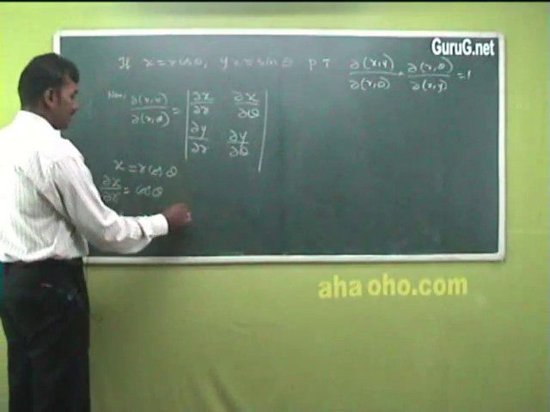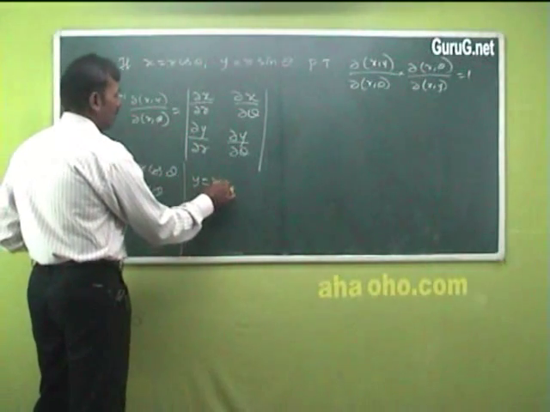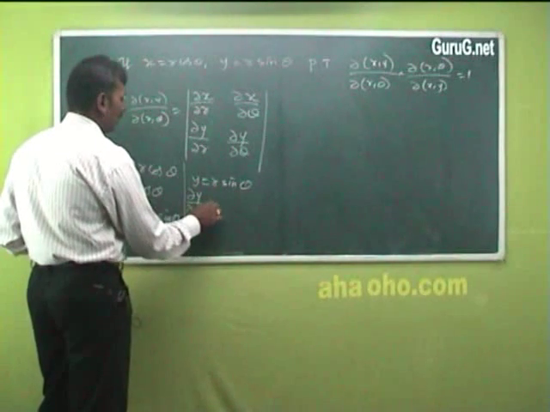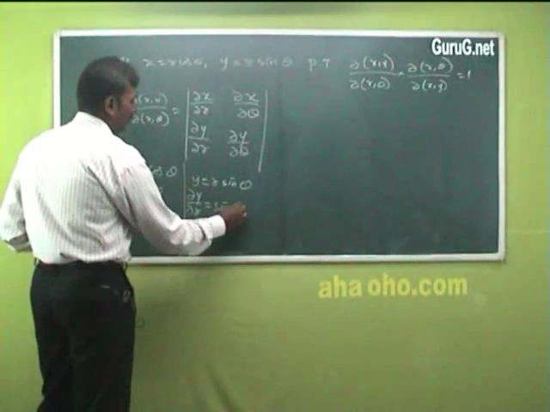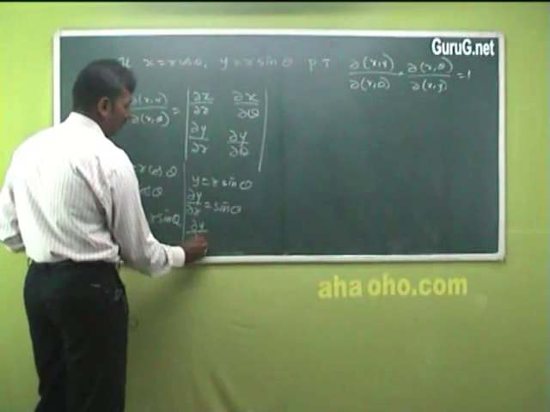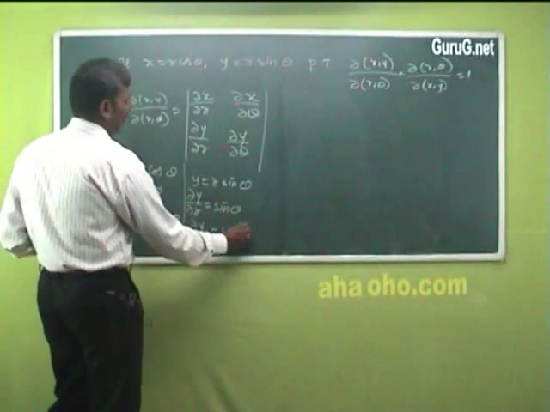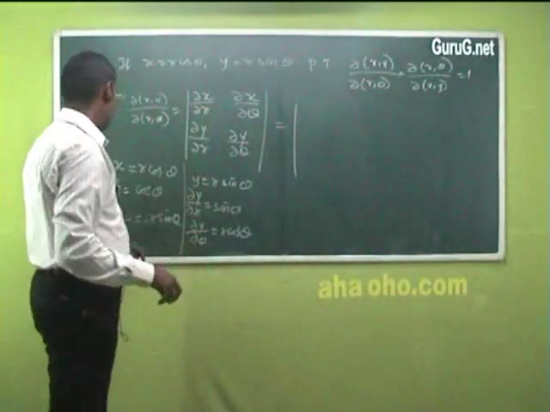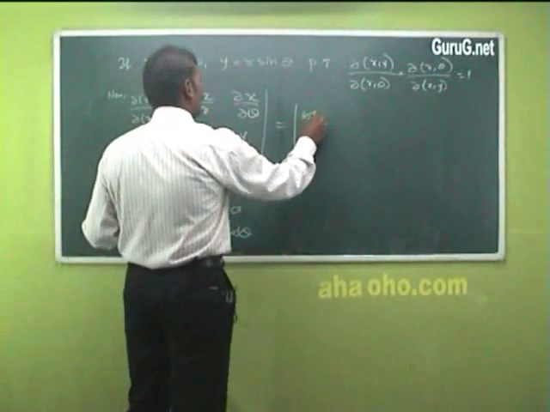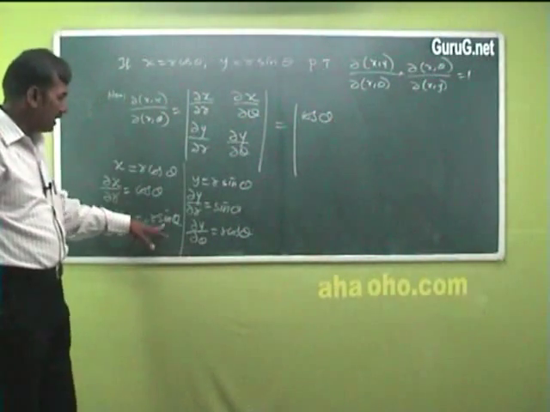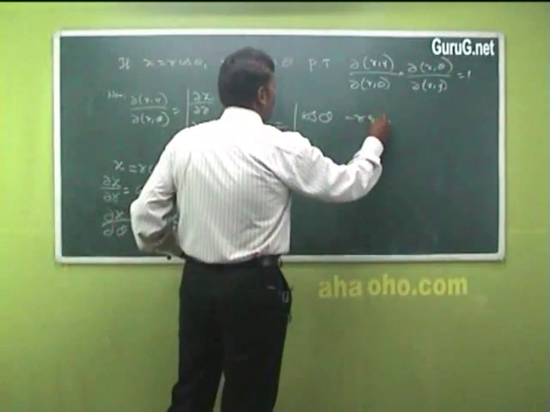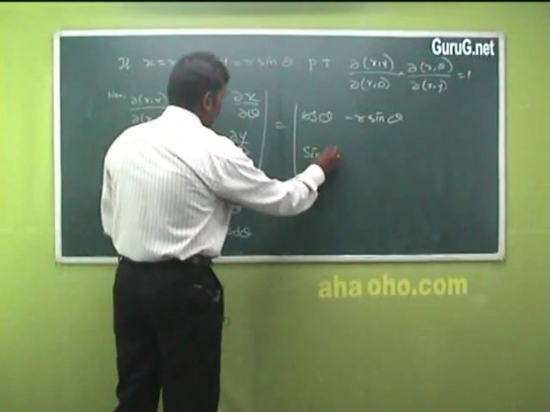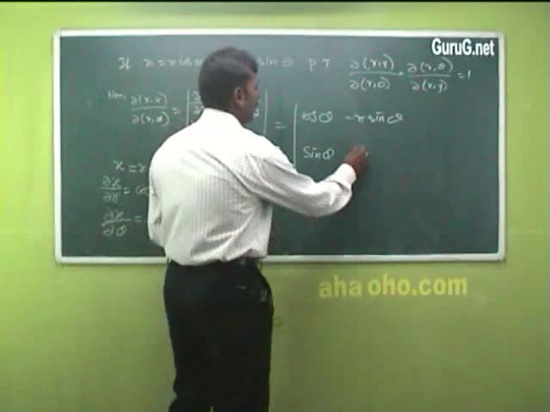Then similarly y equals r sin θ. So ∂y/∂r equals sin θ, and ∂y/∂θ equals r cos θ. You substitute these values in the determinant: cos θ, minus r sin θ, sin θ, r cos θ.